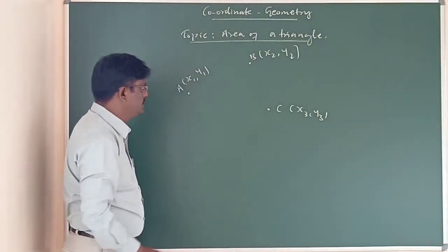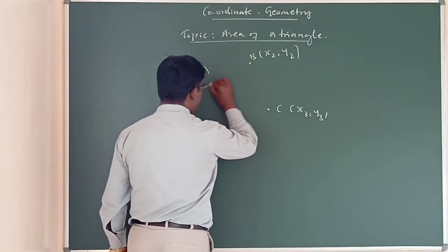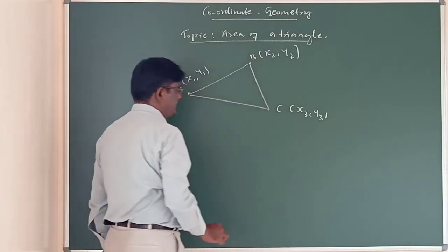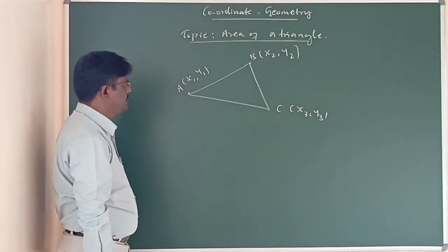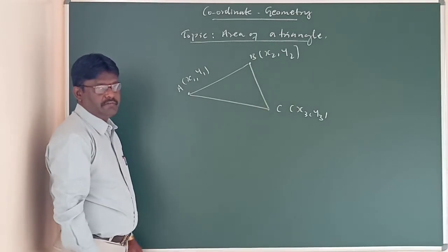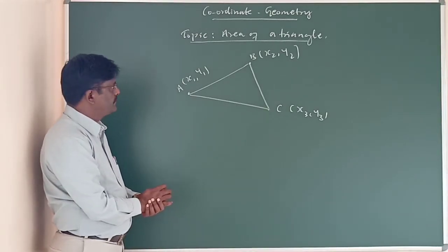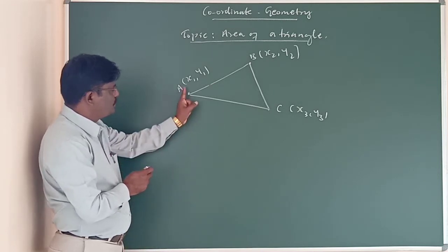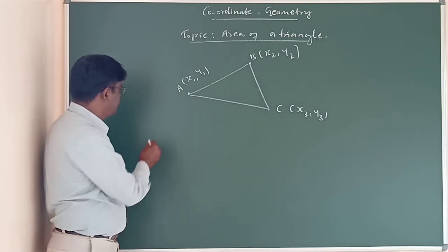If we join these three vertices, we get a triangle. Now, what will be the formula to calculate the area of the triangle by using the given vertices?